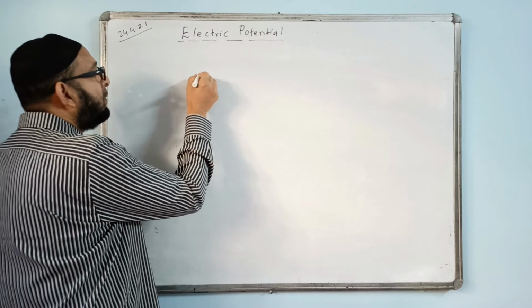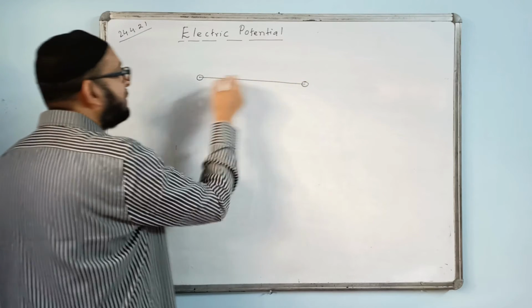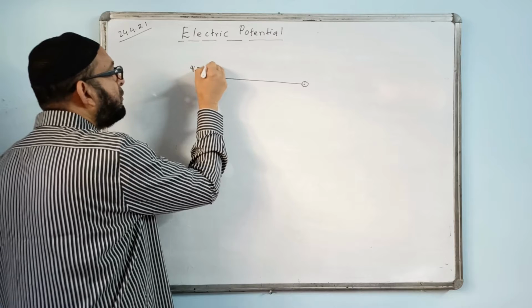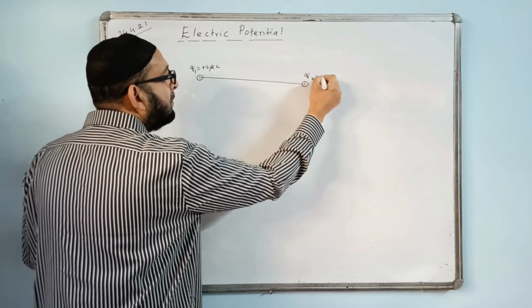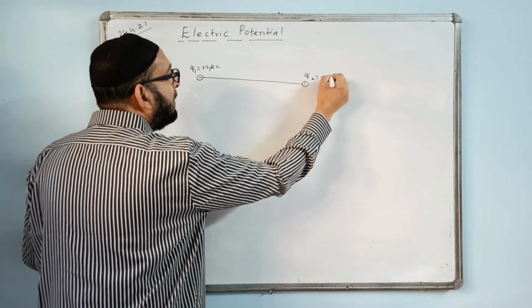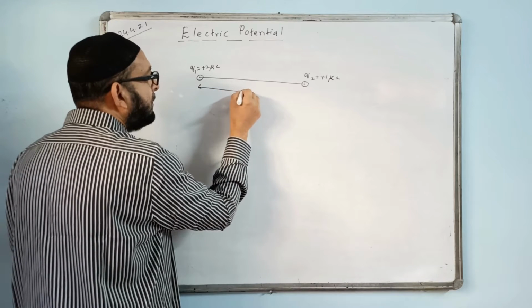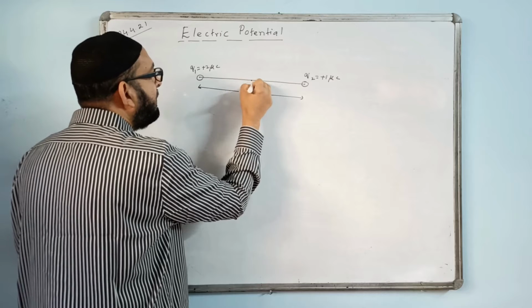So they are showing one charge, another charge like this. This is Q1. Q1 is given plus 2 microcoulomb. Q2 is given plus 1 microcoulomb, and the total distance is given, say 20 centimeter, and this is the midpoint.